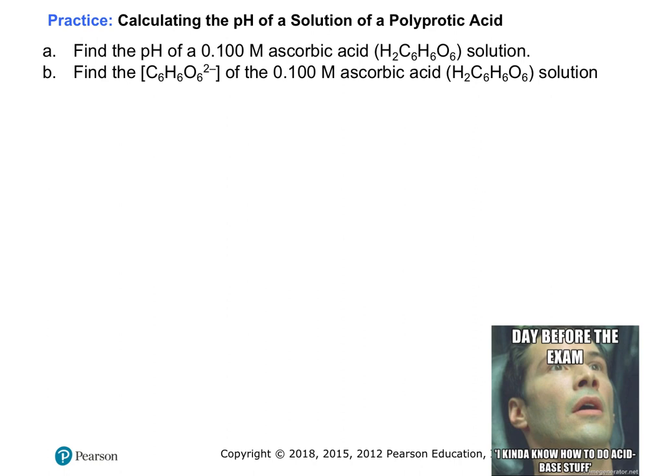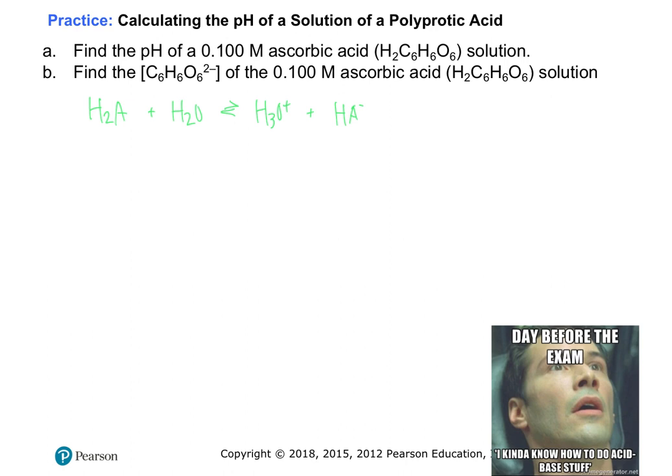Okay, so now we're going to do this one with ascorbic acid. So we want to find the pH of a 0.1 molar ascorbic acid solution. I'm just going to call it H2A because there are two protons, in water. So let's write the first dissociation, hydronium plus my conjugate base.